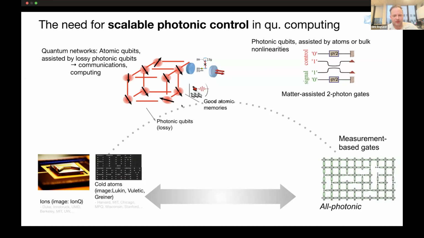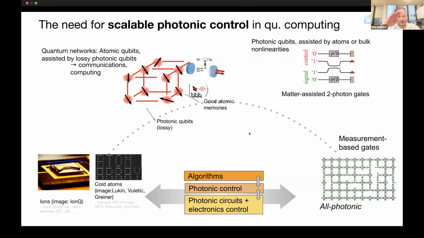And I put this up because this shows you the spectrum of the encoding of quantum information, either entirely in fermions, in the electron and nuclear spins of atoms, or basically the hyperfine structure of atoms, where the optical fields are just control systems, to here hybrid, where you encode quantum information both in optical fields as well as in fermionic systems, and here on the right-hand side, where the encoding and the coupling is all in optical fields.